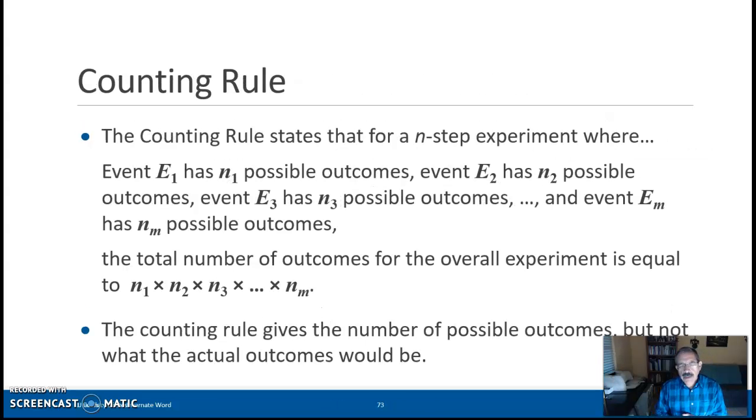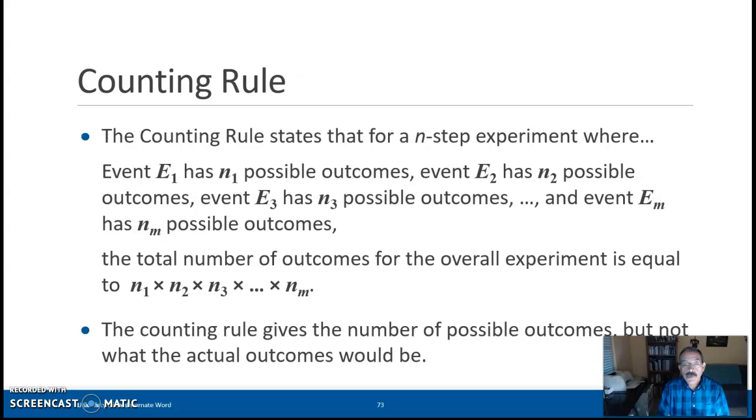In this case, we rely on the counting rule. The counting rule states that for an n-step experiment, where the event E1 has n1 possible outcomes, E2 has n2 possible outcomes, E3 has n3 possible outcomes, all the way to event E sub n with n sub n outcomes, the total number of outcomes for the overall experiment is equal to the product of the number of outcomes for each of the events in each of the steps.